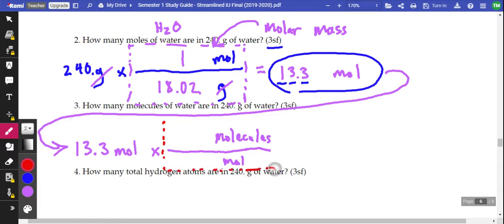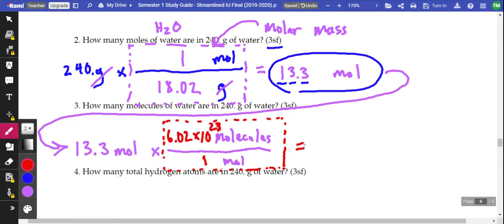A mole is 6.02 times 10 to the 23rd of anything. We call this Avogadro's number, because he's the guy that kind of figured it out. And again, we like to be 1 with moles. So in 1 mole, we have 6.02 times 10 to the 23rd, right there.